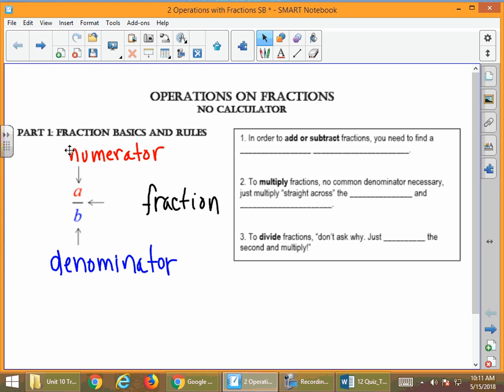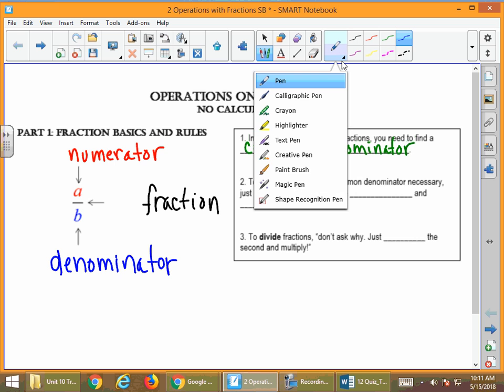And what we need to refresh our memory with is how do we add or subtract a fraction? When we add or subtract fractions, we have to find a common denominator. But when we multiply and divide, we do not need to find a common denominator.